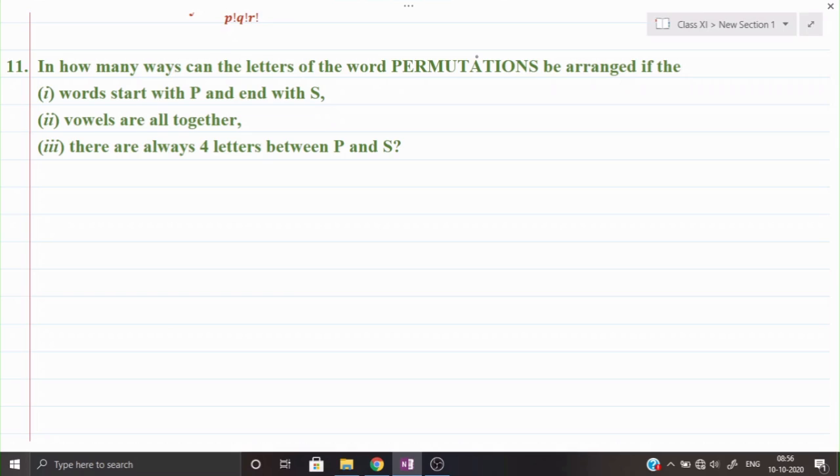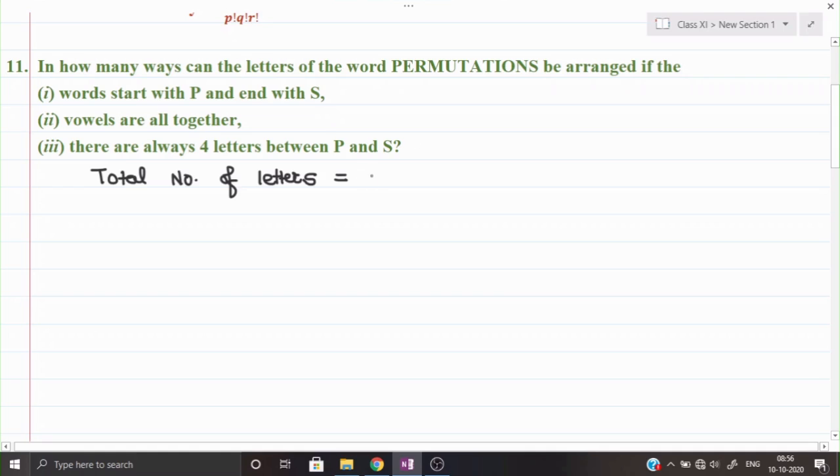So first of all, in this we shall write down the total number of letters. So how many total letters do we have? Total number of letters is equal to, we shall count, PER 3, MUT 6, plus 2 is 8, 10, 12.